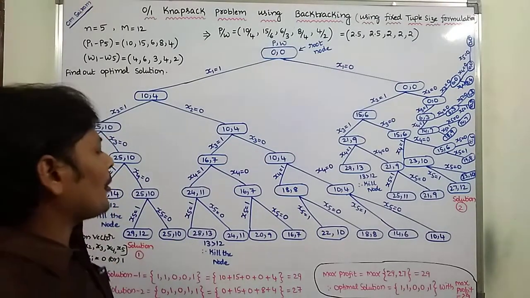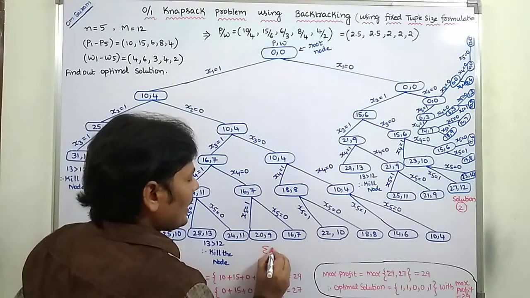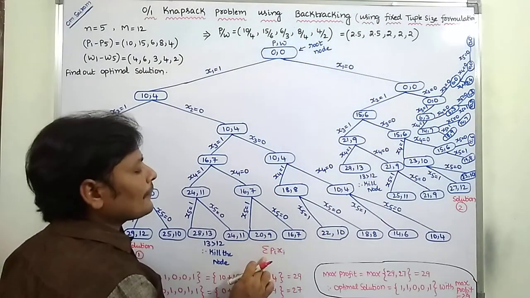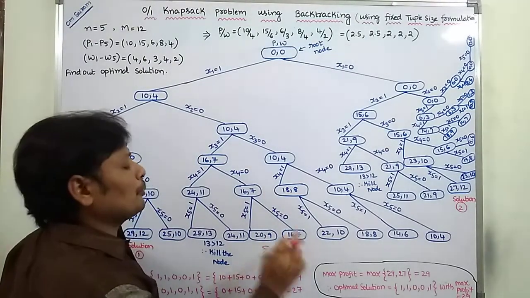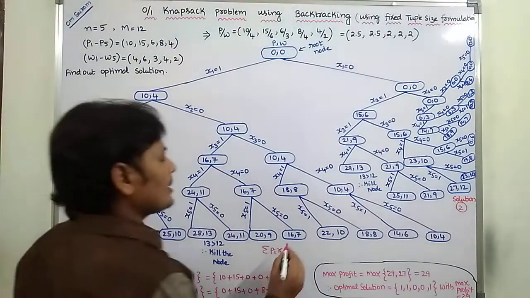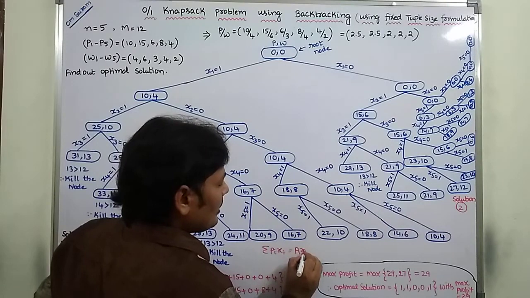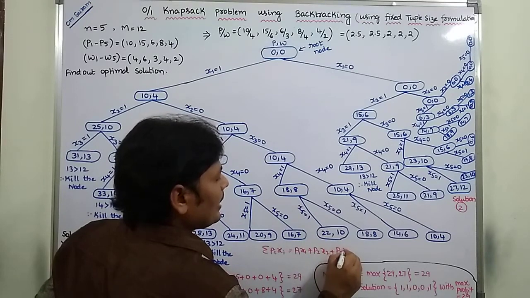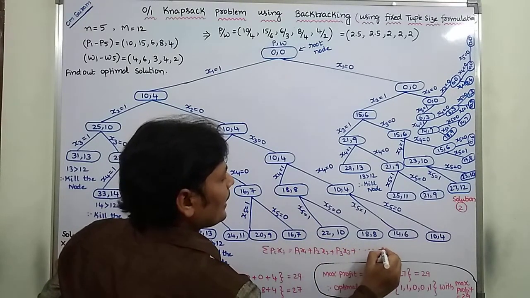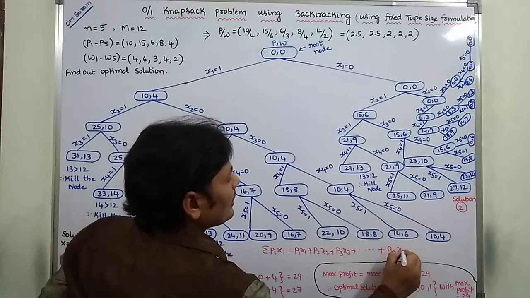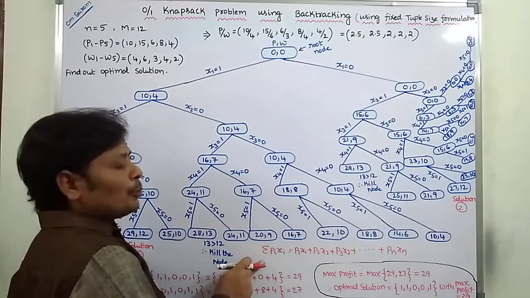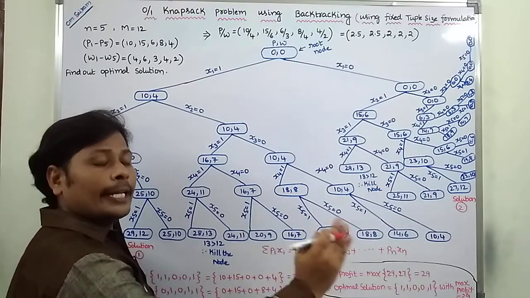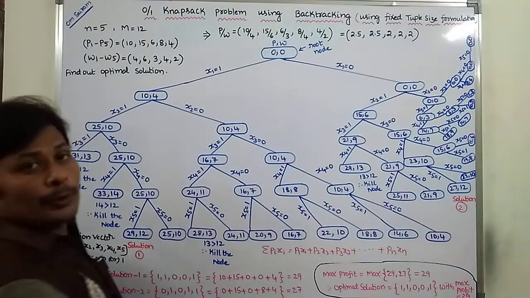Here the maximum profit is sigma pi xi, the sum of the profits of the objects that are put into the knapsack, that is P1 x1 plus P2 x2 plus P3 x3 up to Pn xn. Our main objective is to maximize the profits of the objects placed into the knapsack with respect to the weights.